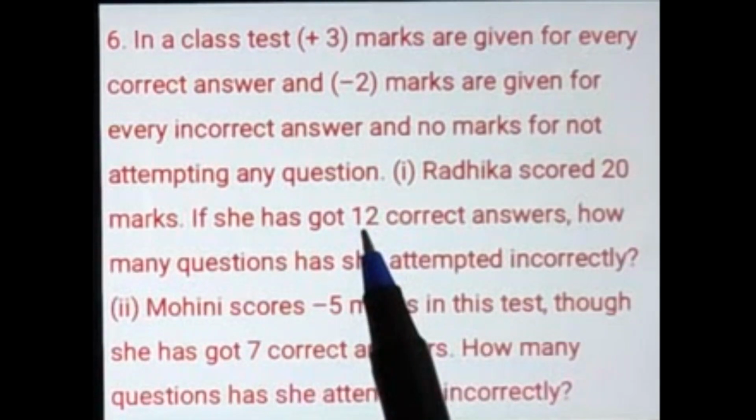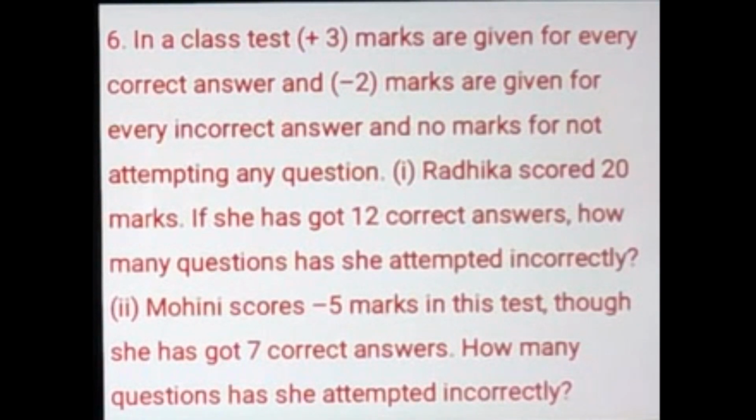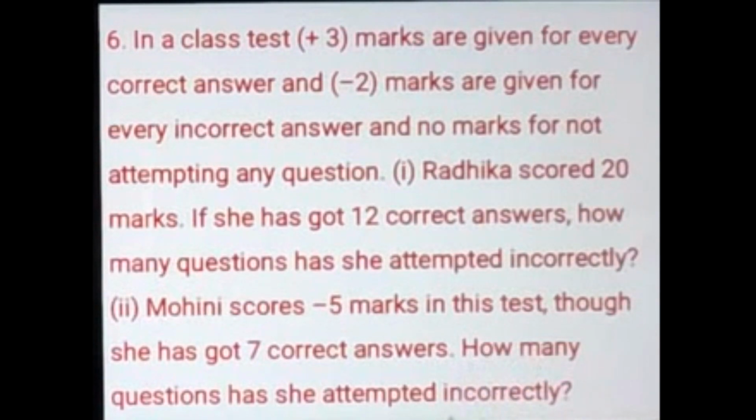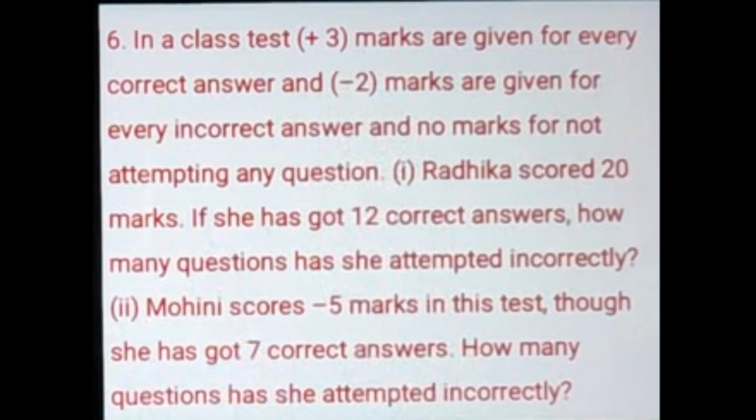That means if there were 12 correct answers, then 12 times 3 is 36. She should have scored 36, but she got only 20 marks. That means what? She has also attempted incorrect answers. For that, minus 2 was given to her. So we have to calculate how many questions were incorrect which were attempted by Radhika. Okay, so let us solve this.